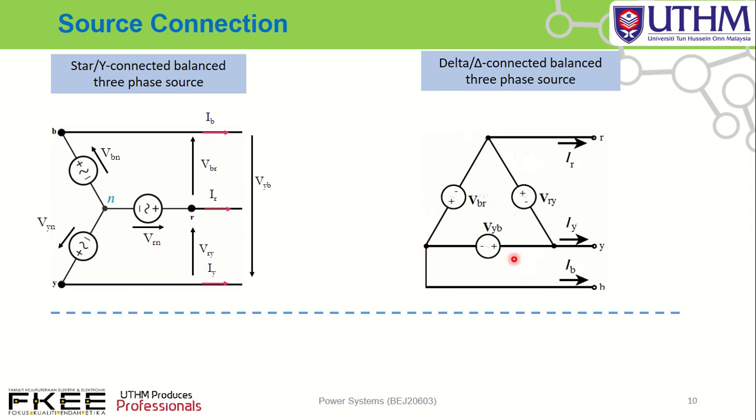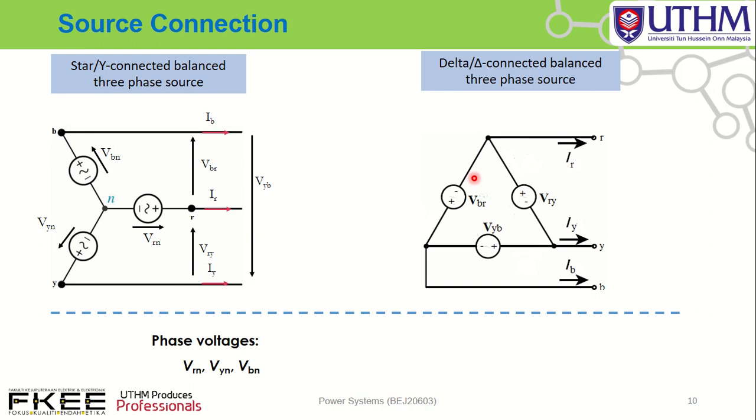So for the source connection, number one we have Y or star connected, and number two we have delta connected.